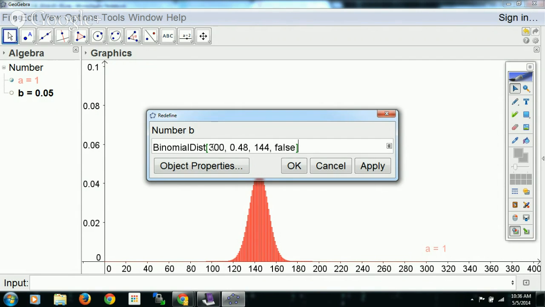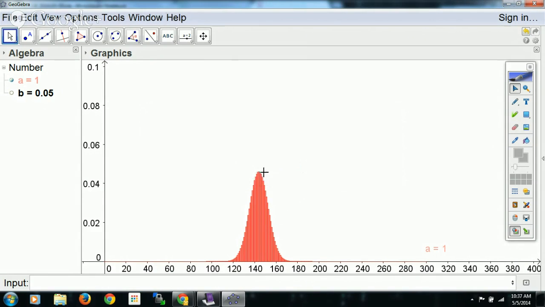I said there are 300 trials, probability of success is 48%, and I want x equals 144 exactly only. It's not cumulative. That's what the false means. GeoGebra says it's about 5%. You can see on the graph that makes sense: here's 0.1, 0.06, 0.04, and the highest stack appears to be between 0.04 and 0.06.